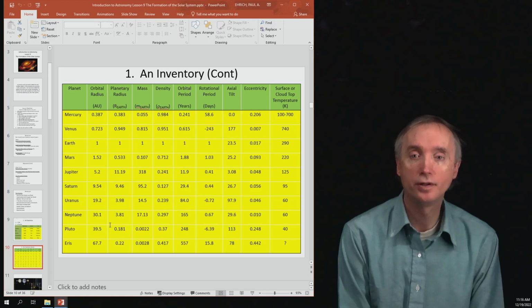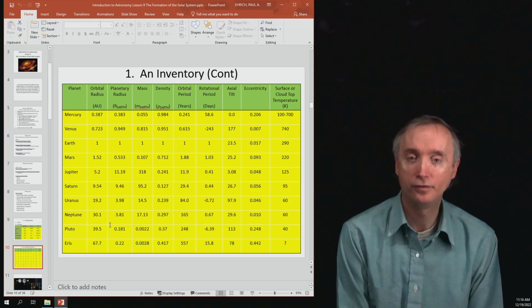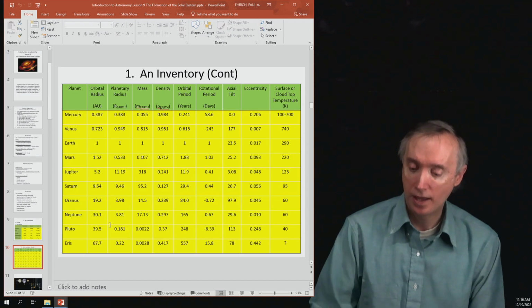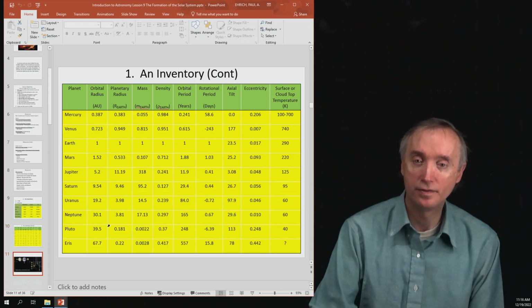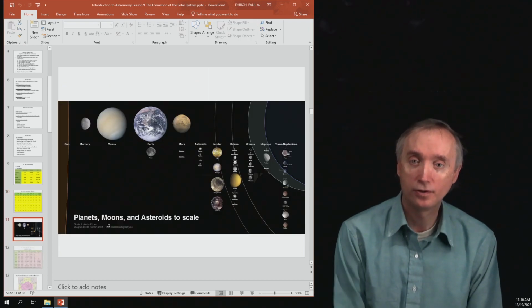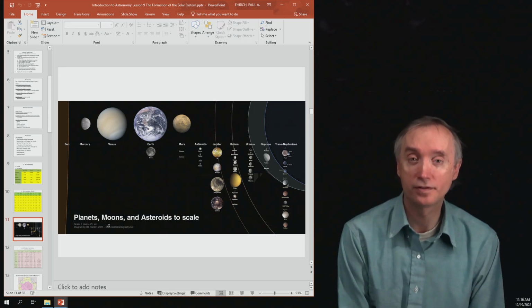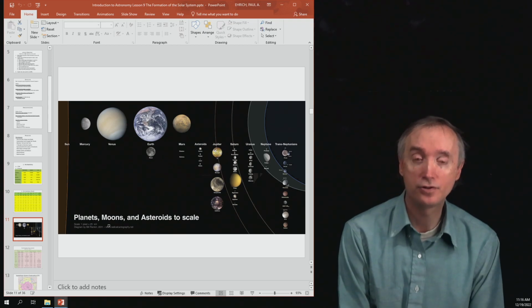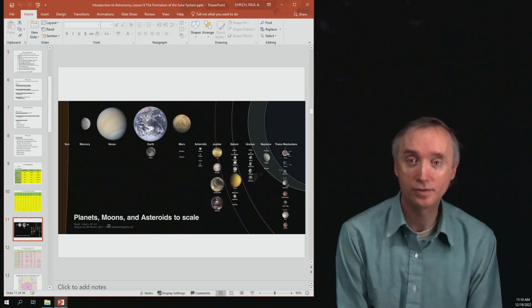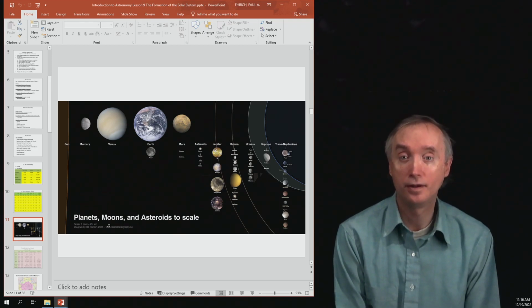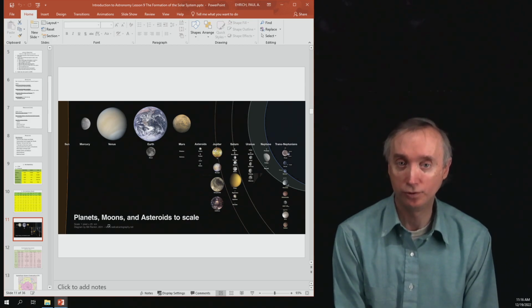So from this one here, all I want you to get is just a rough estimate in your head for how large some of these objects are, and it's probably better illustrated in this picture right here. You should know that Mars is about half the size of the Earth, Venus is about the same size as the Earth, and roughly speaking, Mercury is about the same size as our moon.